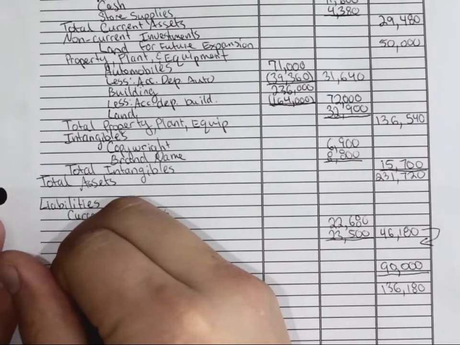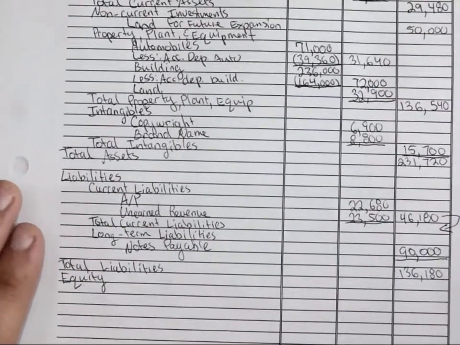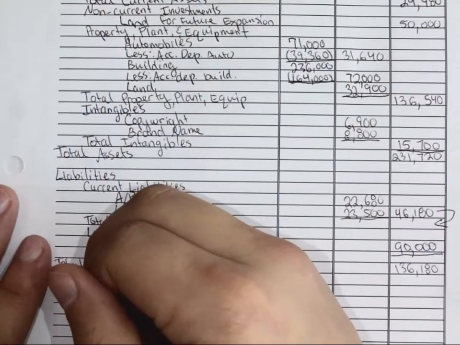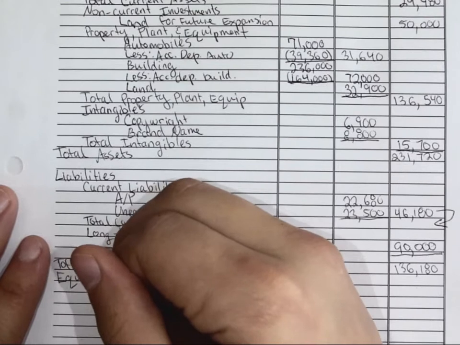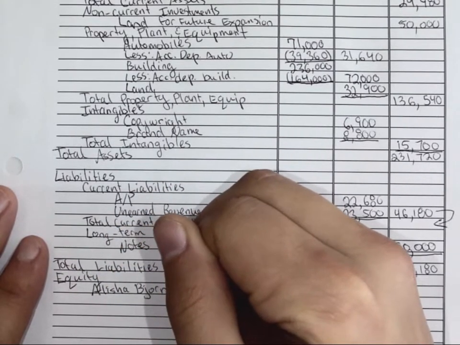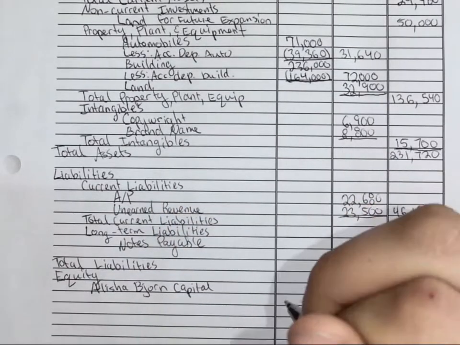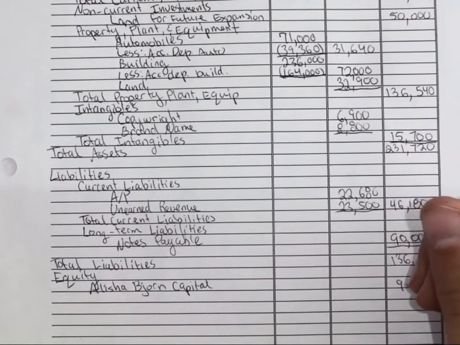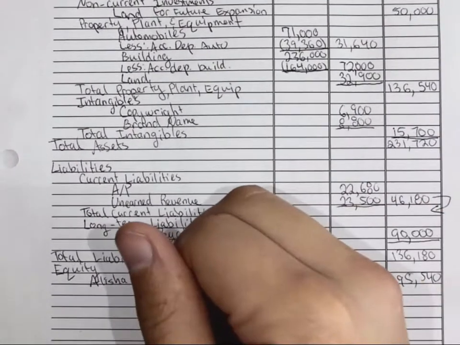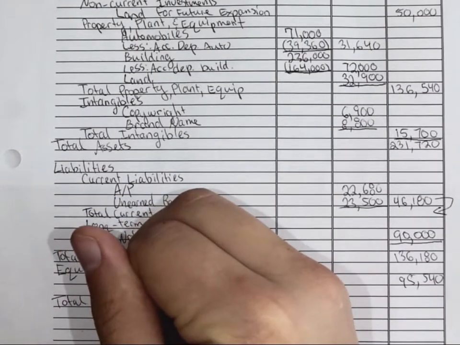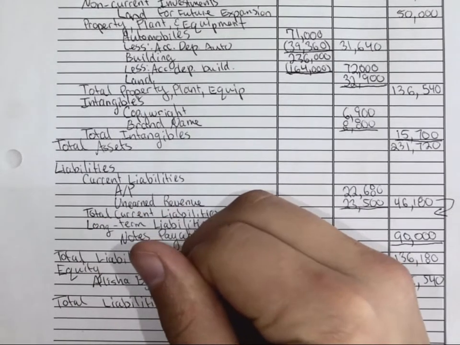Leaving us with just our equity. It should be Alicia Bourne, Capital. We're pulling that from our statement of changes in equity. 95,540. Total liabilities and equity.